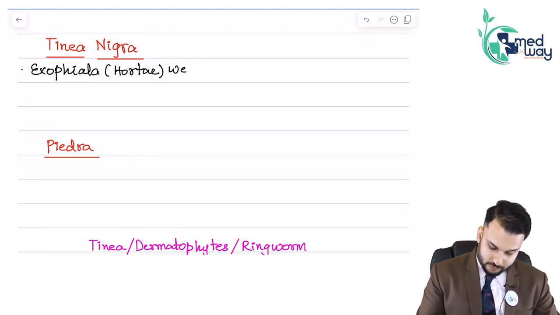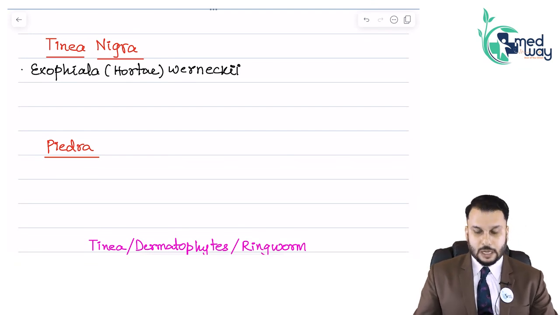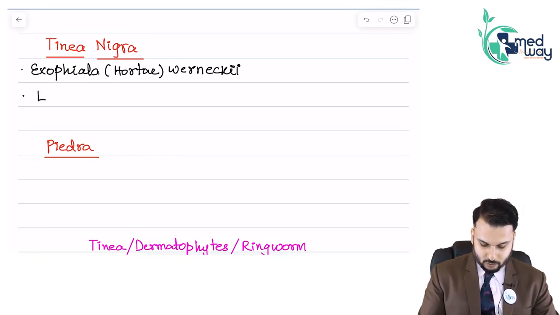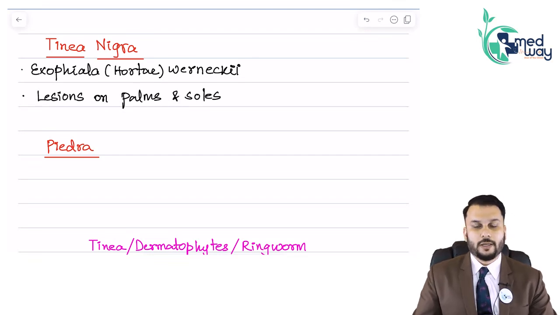Okay, this is the name of this fungus. Now, how exactly does it present? Let's have a look. The clinical feature of this disease is it causes lesions on palms and soles. That is the presentation of Tinea nigra.